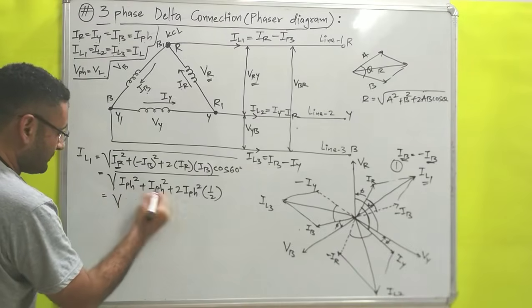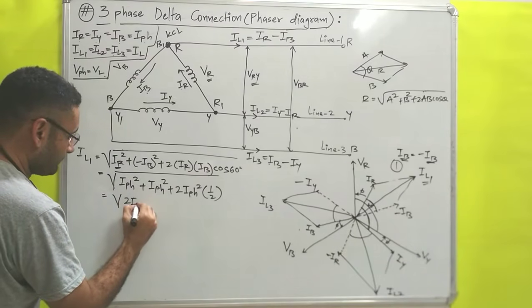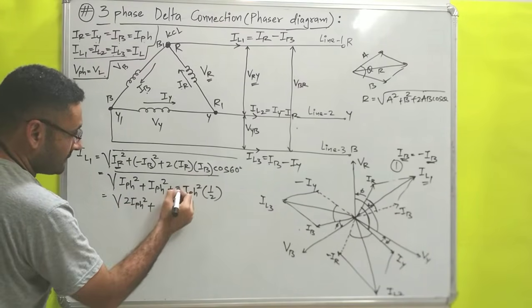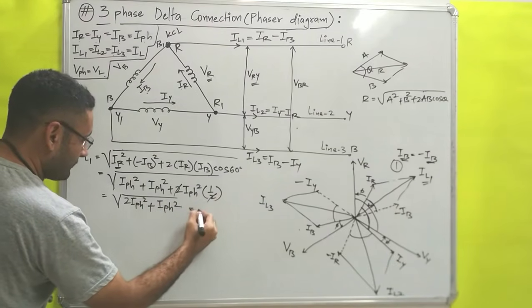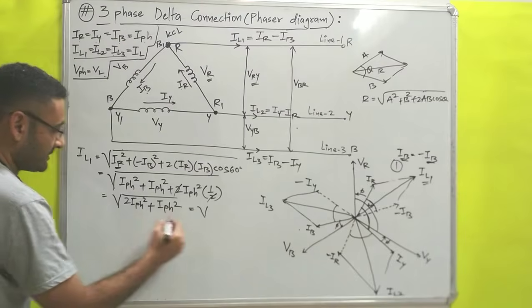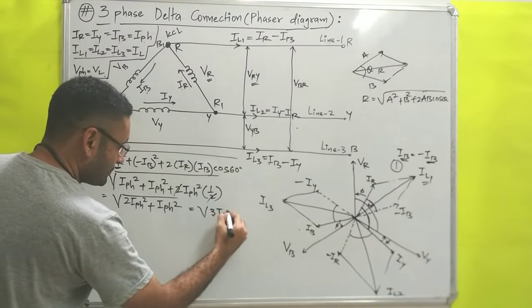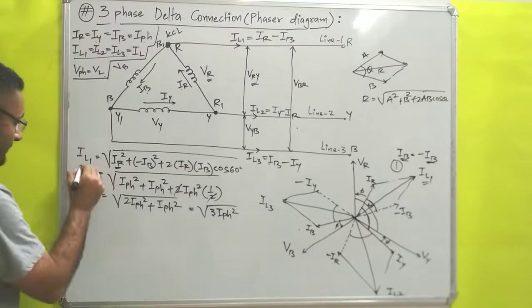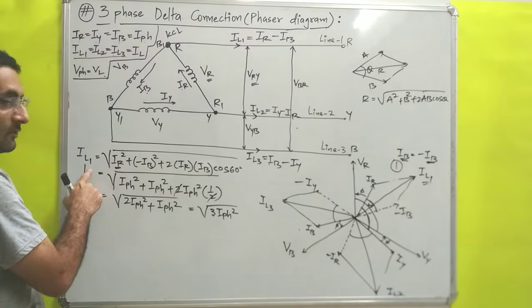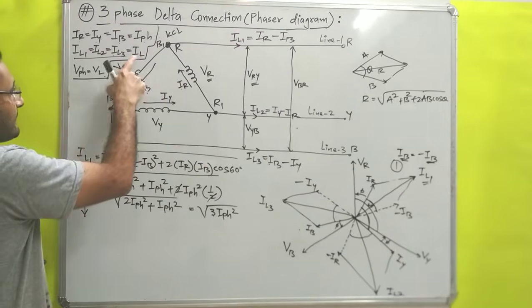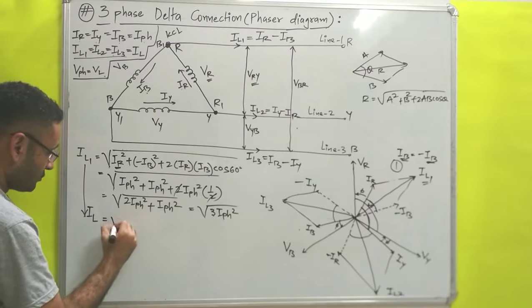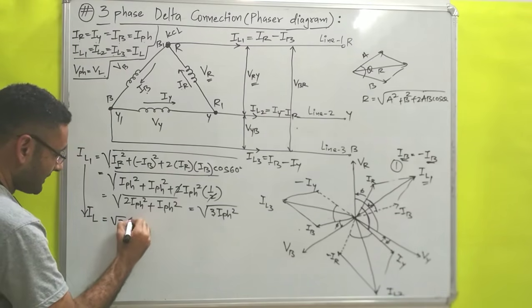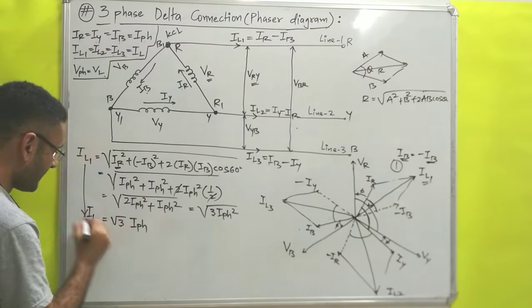So the 2 will get cancelled, IPH square. So that will be 3 IPH square. And you know very well that for the balanced condition, whatever line currents are there, they are the same, and that is equal to IL. So I will write IL is equal to root 3 times IPH.